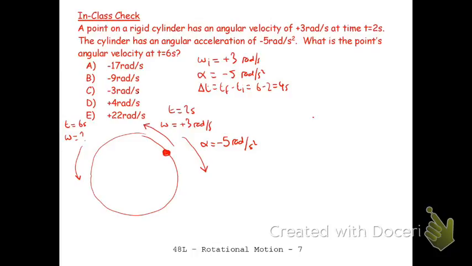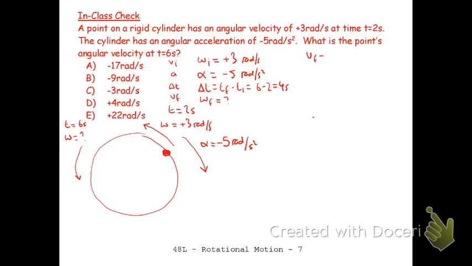I've used those up. I want to find omega f. And if that doesn't help, I'm going to say vi, a, delta t, vf. I get it.